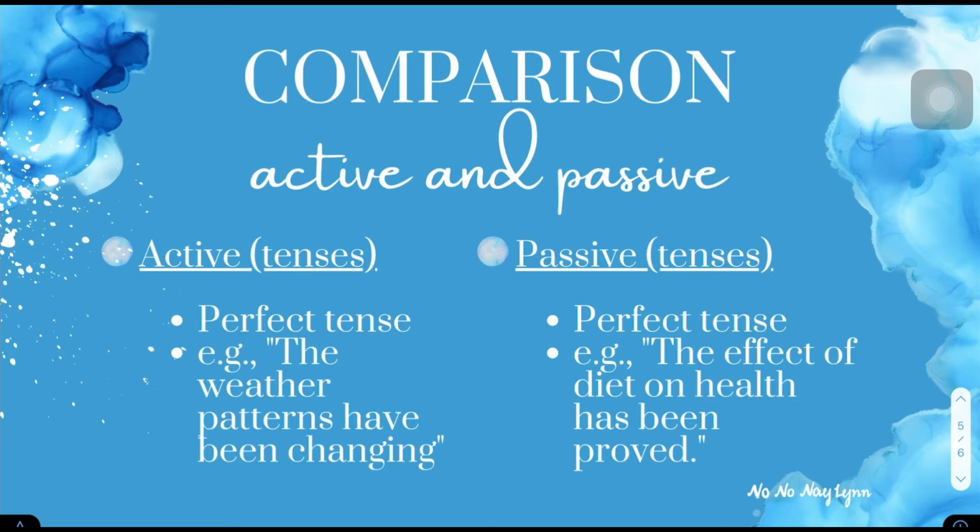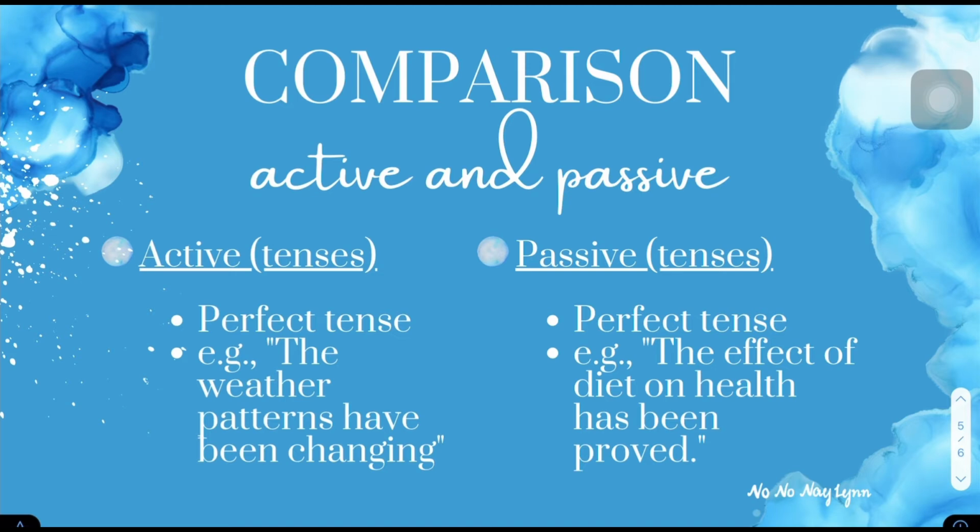First of all, both of the forms use perfect tense, whether simple or continuous, which means has or had plus past participle, for both active and passive, to talk about situations which have already happened in the past.